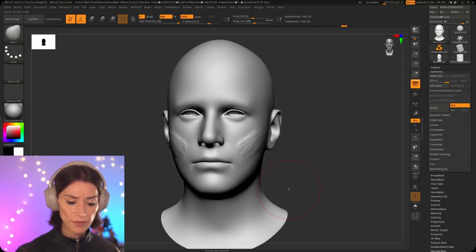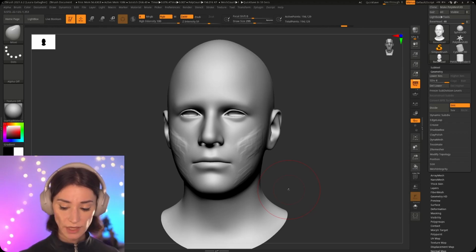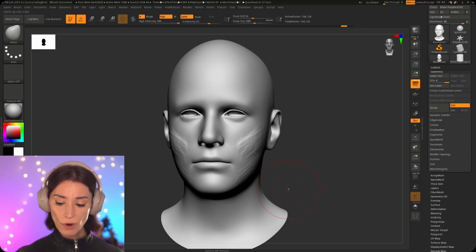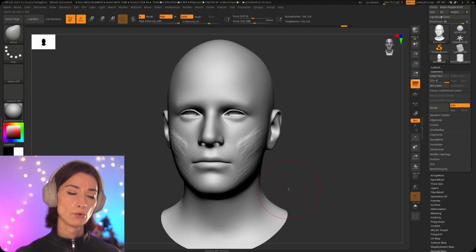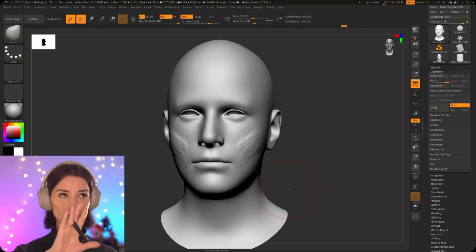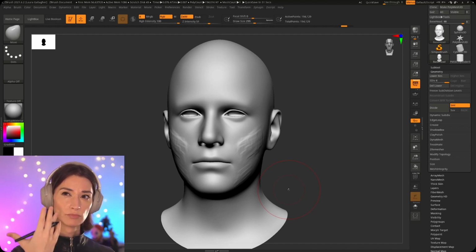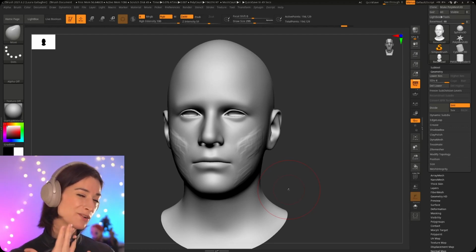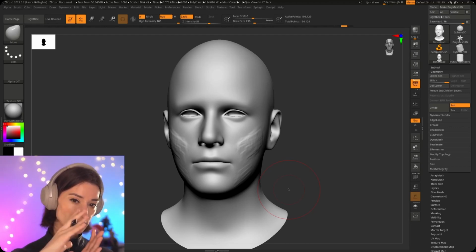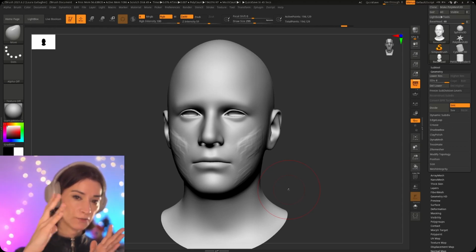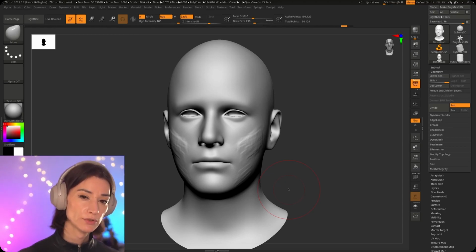But it's good to know that usually you want to be working at a resolution that is somewhat equivalent to the size of manipulation you want to do to your surface.